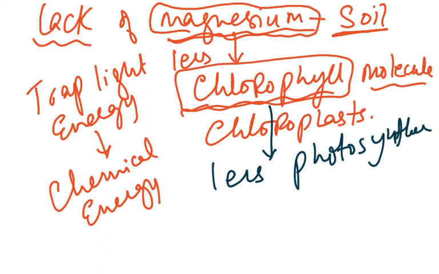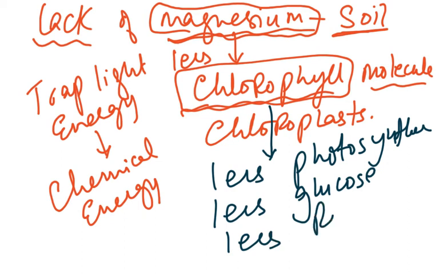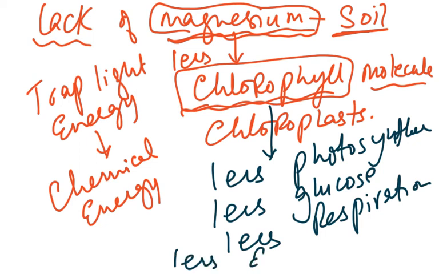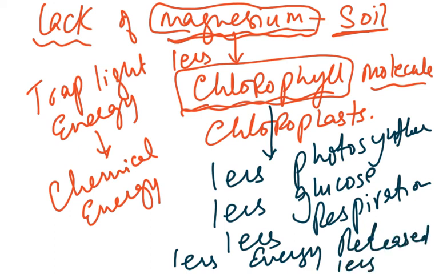Less glucose means less respiration, which means less energy released, and this results in less growth. So please understand this is going to result in stunted growth.